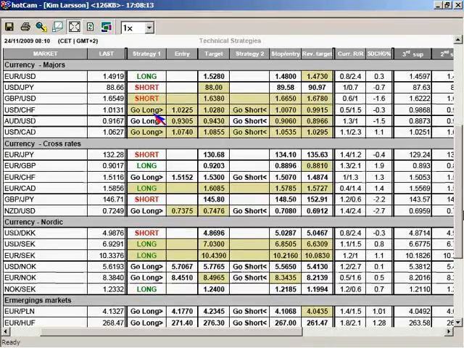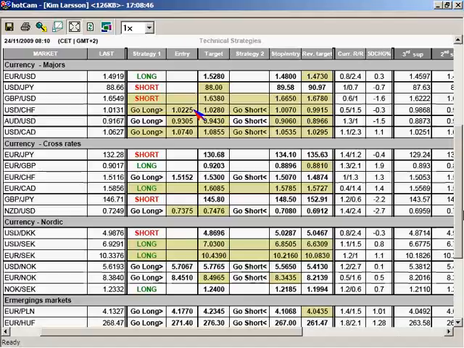If we look at the dollar Swiss, this morning we didn't have a position, or we don't have a position. We are waiting for the market to move either above 1.0225 for a long position with a target of 1.0280, or waiting for dollar Swiss to trade below 1.0070 for a short target of 0.9915.